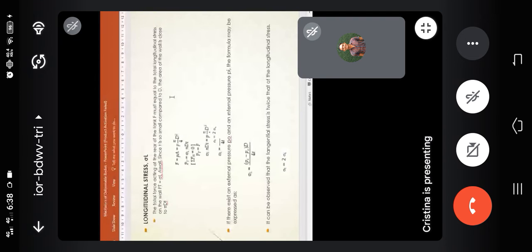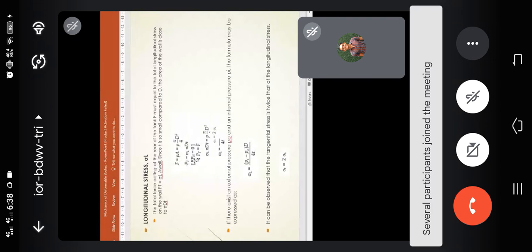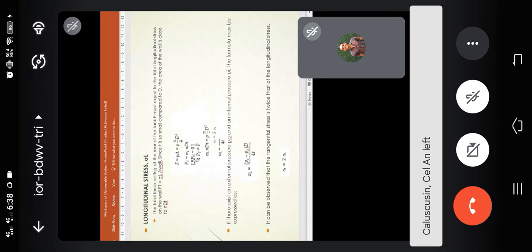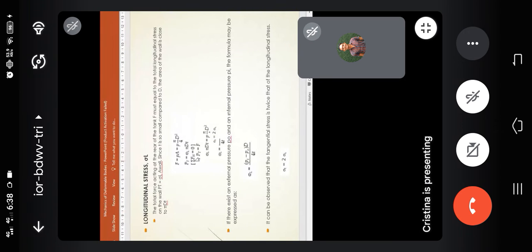For the longitudinal stress cost, we have a force P causing stress, sigma L times pi D t. Since the thickness is so small compared to the diameter, about 1/10, wala siyang gihimo. So that's how they explain it in the book.